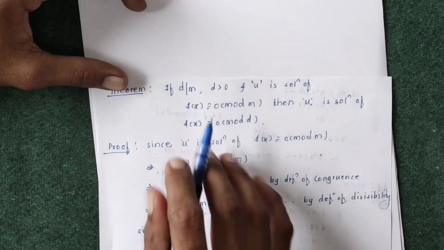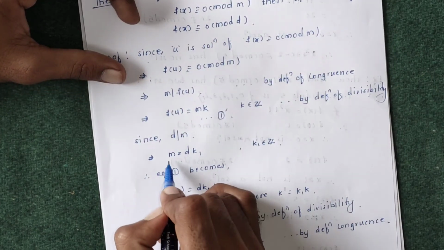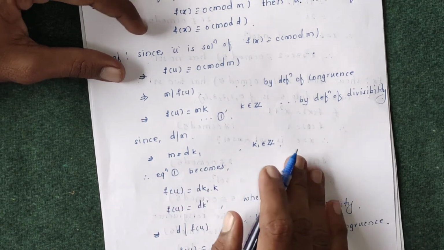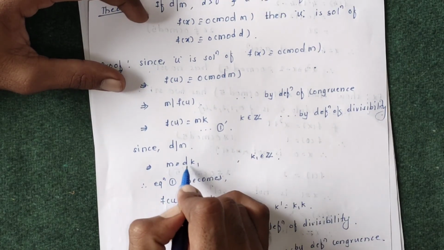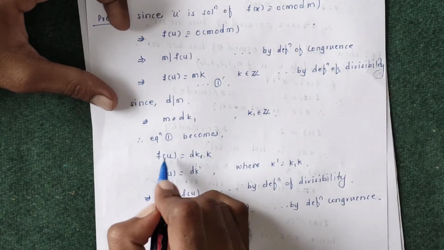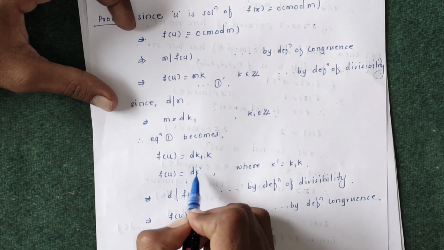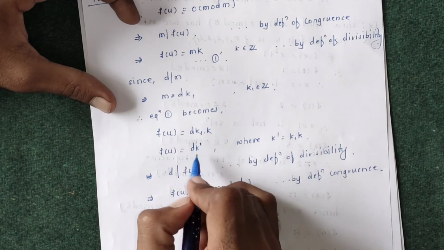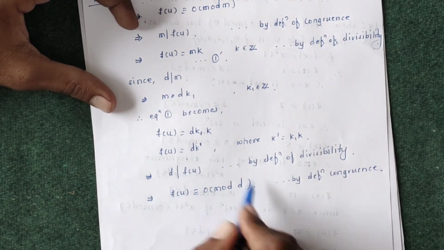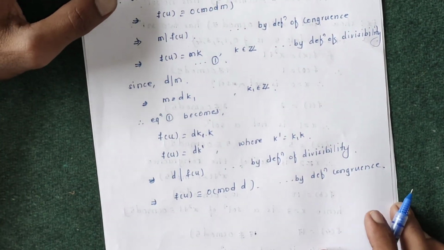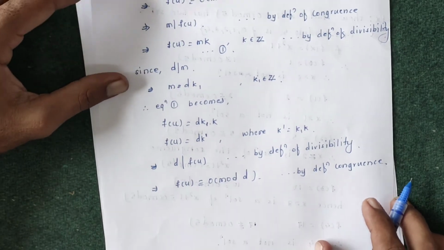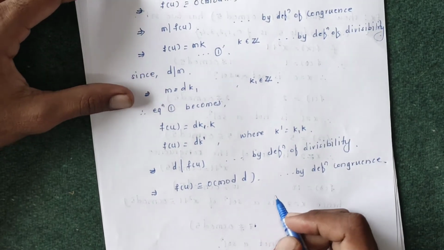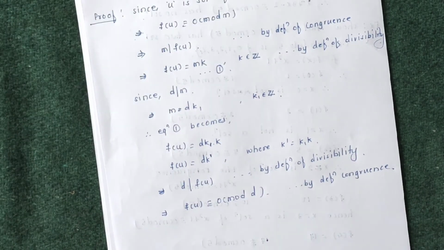Also we have given d divides m, so using the definition of divisibility, we can write m equals d k1. Putting the value of m equals d k1 here, we get f of u equals d times some other integer, suppose k prime, and again using the definition of divisibility and congruence, we can write f of u is congruent to 0 modulo d. That is the proof of our theorem.